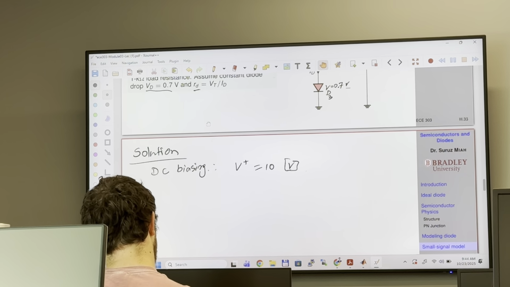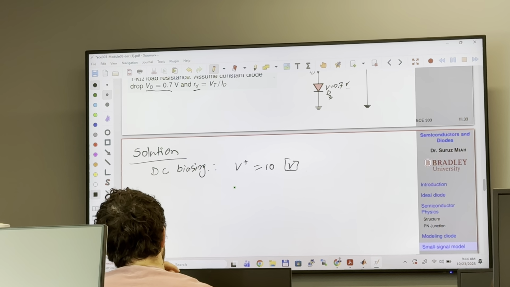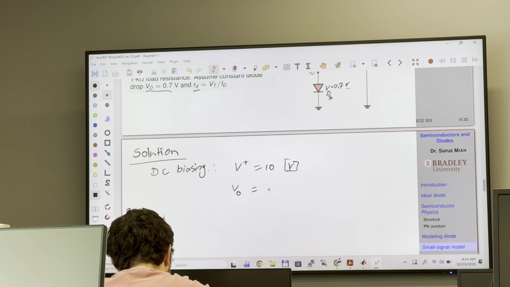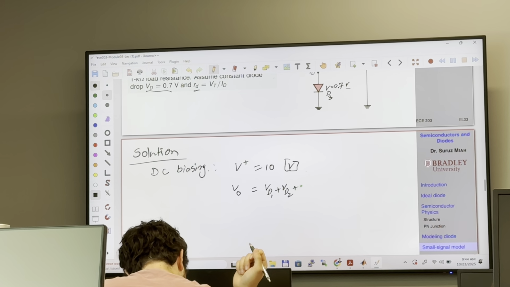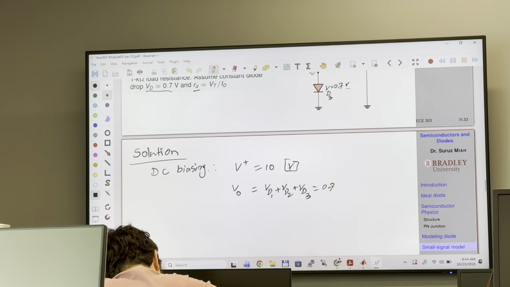So therefore here the output voltage is going to be VD1 plus VD2 plus VD3, which is 0.7 plus 0.7 plus 0.7 equals 2.1.